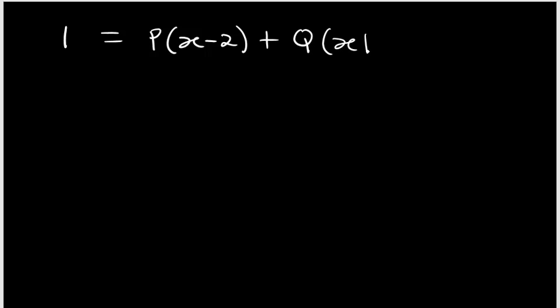Okay, so we are going to have 1 being equal to p multiplying x minus 2 plus q multiplying x plus 2.